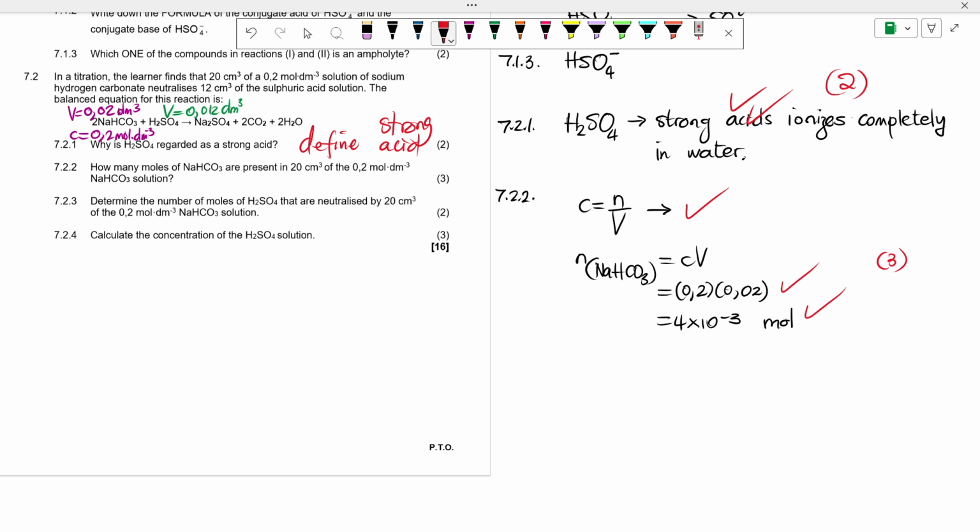And 7.2.3, determine the number of moles of H2SO4 that are neutralized by this same amount of NaHCO3. What are they asking you to do? So find the number of moles of H2SO4. Yes, by doing what?